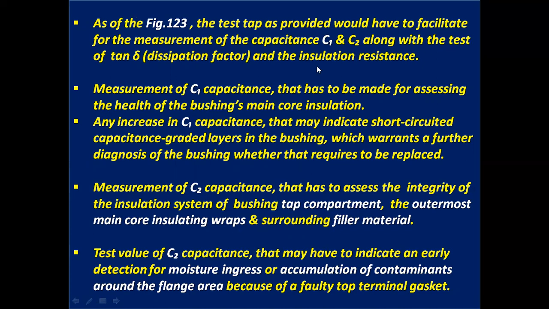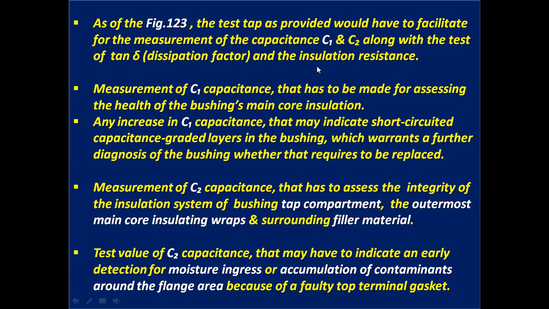As in figure 123, the test tap as provided facilitates the measurement of the capacitance C1 and C2 along with the test of tan delta, that is dissipation factor, and the insulation resistance.